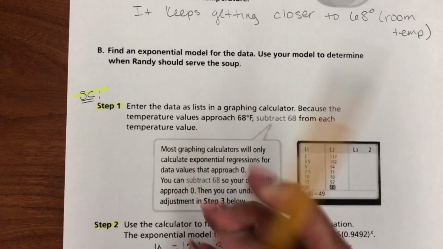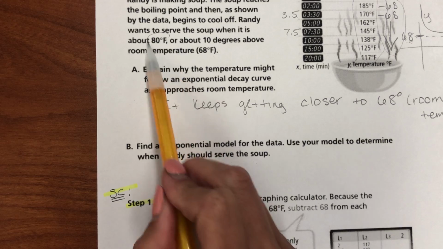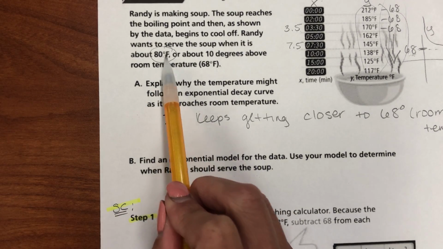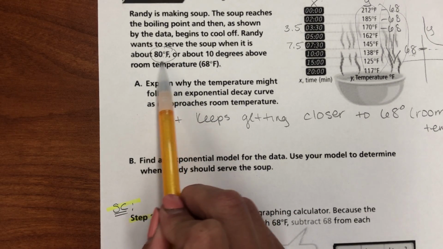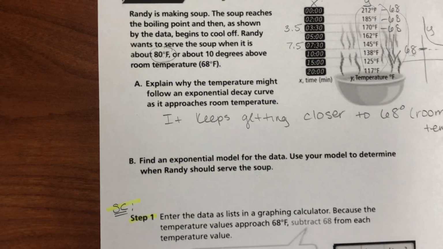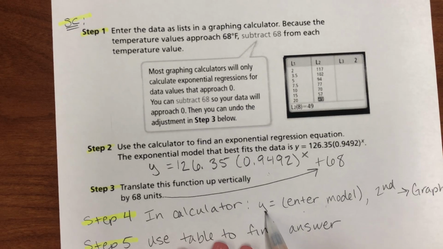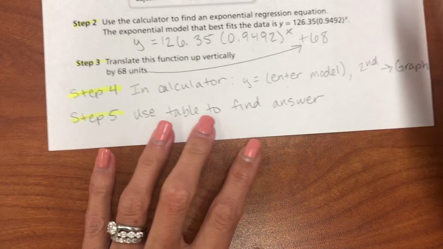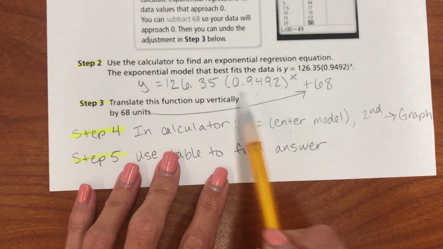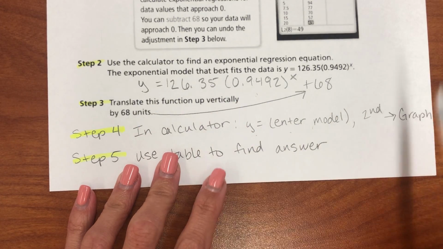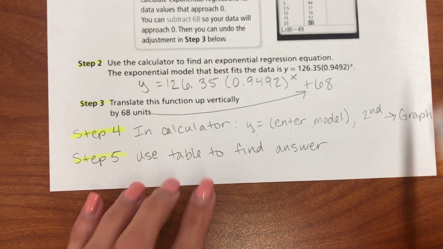So when is this soup going to be 80 degrees? Because remember, he said he wanted to serve it when it was about 80 degrees. So to do that, we're going to enter our model that we just found into the calculator. So we're going to go to the y equals, and then enter our model, and then second graph.